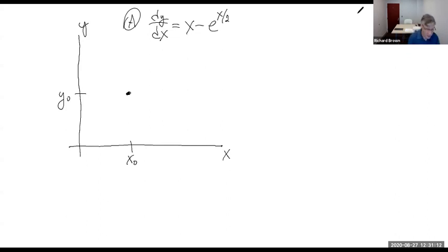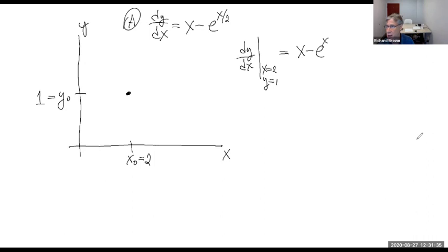So let's choose x equal to 2 and y equal to 1. Then dy dx at x equals 2 and y equals 1 is x minus e to the x over 2 evaluated when x equals 2 and y equals 1.